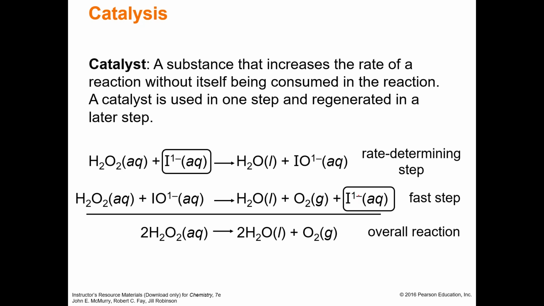So we regenerate this iodine, but it doesn't show up in the overall reaction because we use it in one step and then produce it in the next step. So if we add these two reactions together, it would not show up in the overall reaction, and it doesn't participate in the reaction. It just aids in the reaction happening to speed up the slow step.